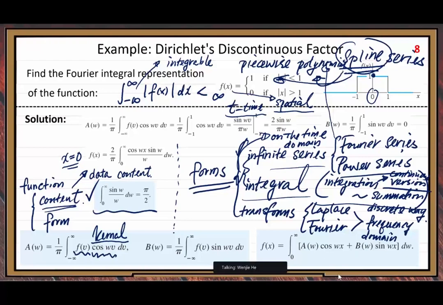Things like that. We get to a different domain to study the same thing; the content does not change. So after a Fourier transform, after a Laplace transform, the intrinsic property of the data has no change, because we can recover the original data.